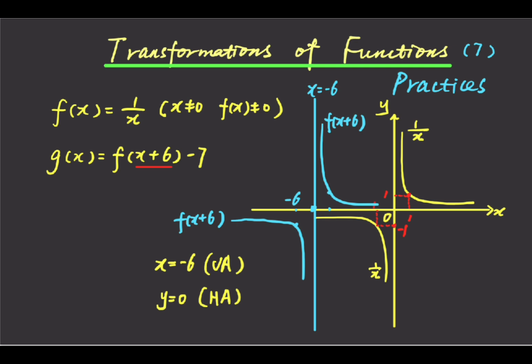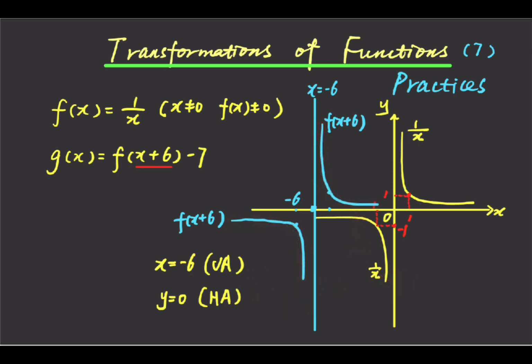Okay, on the basis of this function's graph, you just need to translate the graph in vertical direction by 7 units. But here, -7 means we need to translate this function's graph downwards. So this branch and this branch should be moved downwards by 7 units.